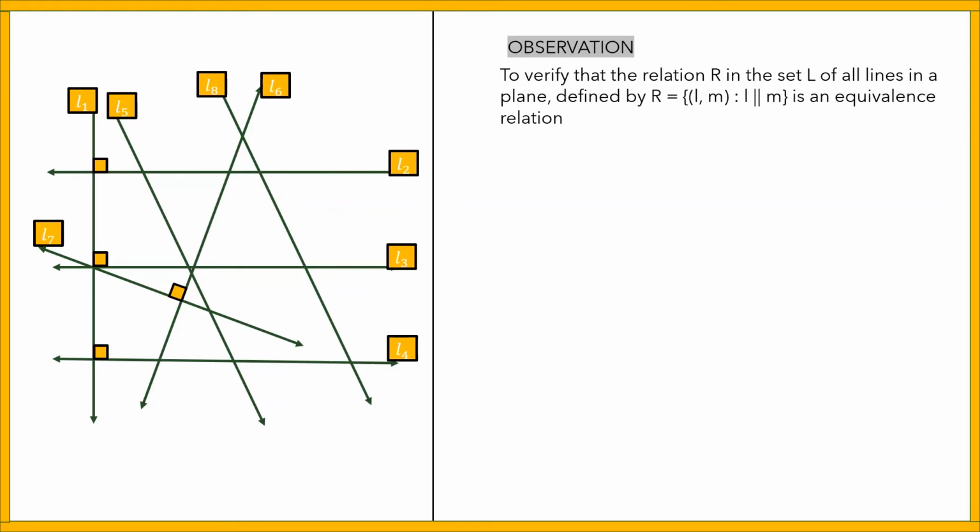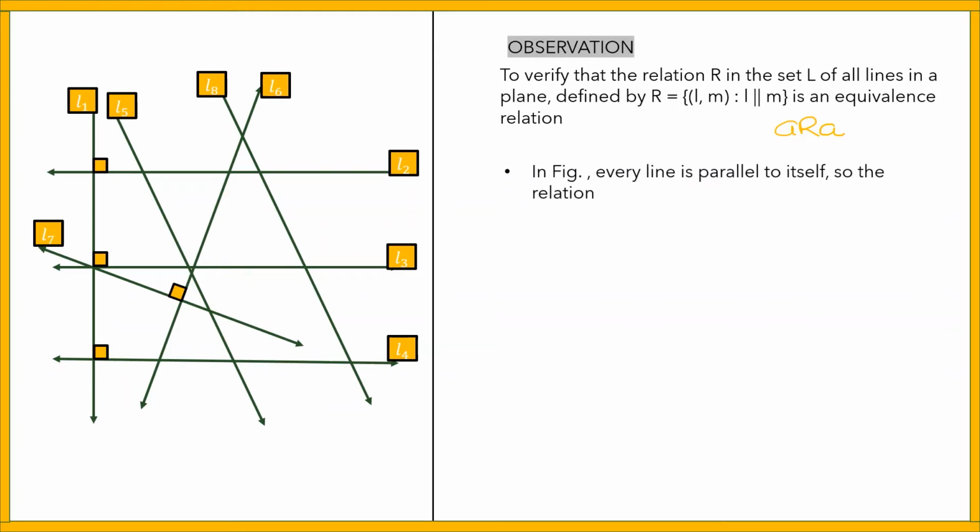In order to justify that this relation is an equivalence, first of all we will take the reflexive part. Now you know if a relation R is reflexive, then A must be related with A. So every line should be parallel to itself.